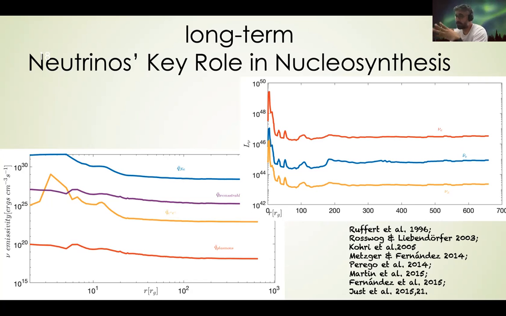And here is just the luminosity versus radius, and this is the emissivity, all the reactions we include, trying to understand if there's place for more heating rates or different heating rates than other studies.